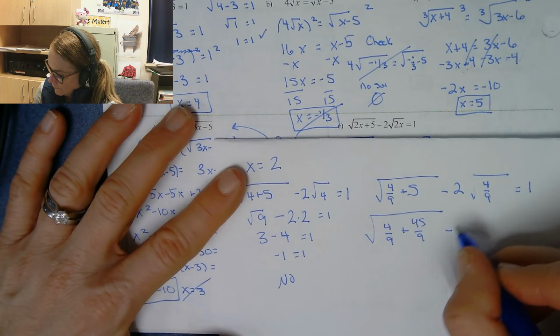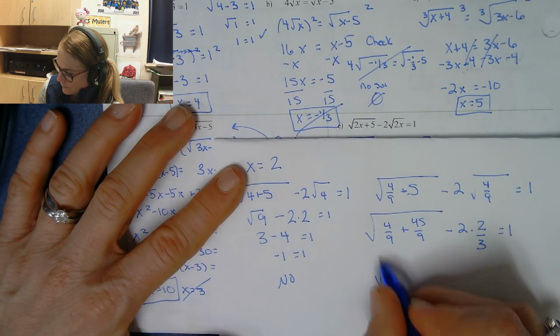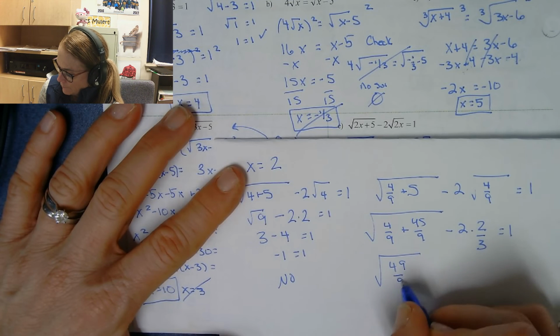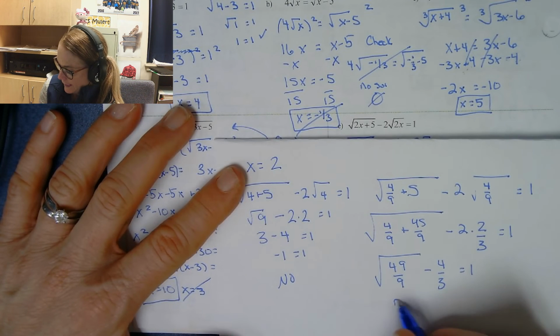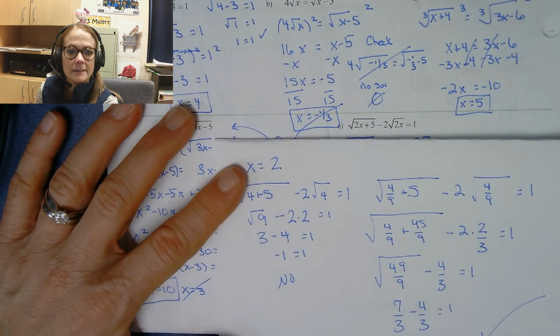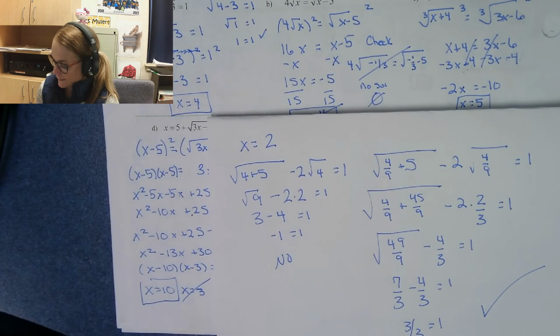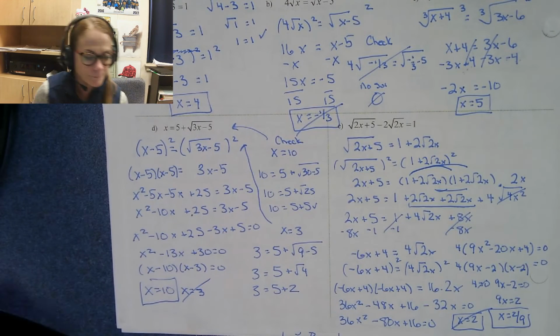Okay, minus 2 times 2 over 3. So that's root 49 over 9 minus 4 over 3. 7 over 3 minus 4 over 3, is that equal to 1? Yes. So this one checks. Okay, so 2 over 9 checks.